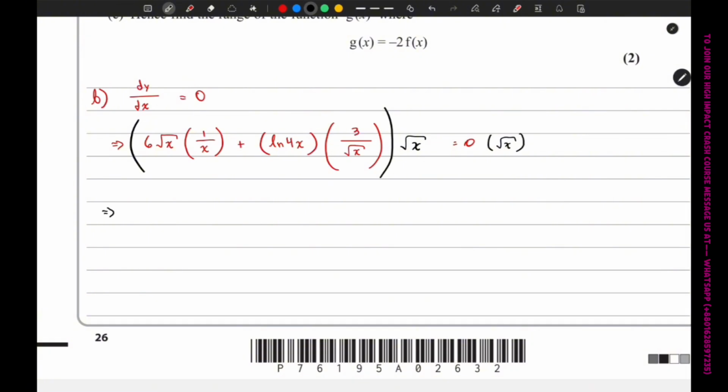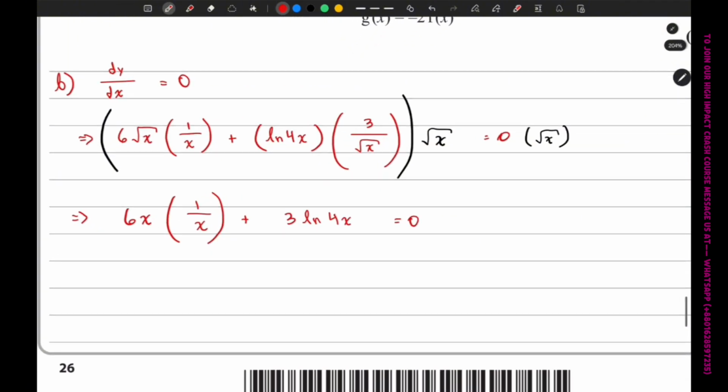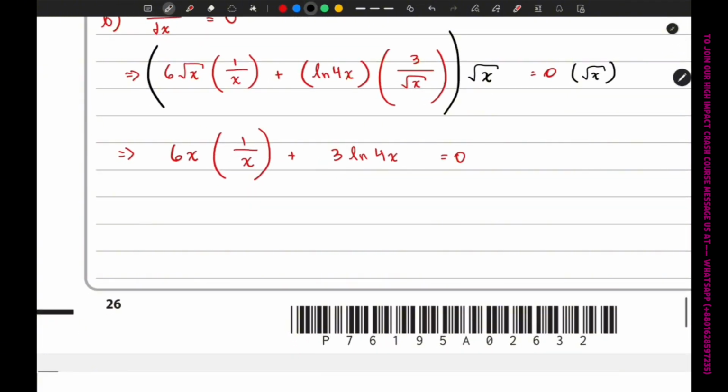So if I multiply root x by this term, this will become 6x times 1 over x plus 3 ln 4x equals 0. Now this is a much simpler equation.